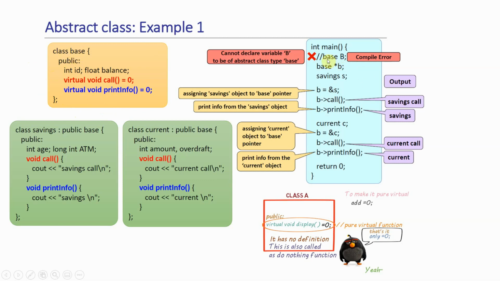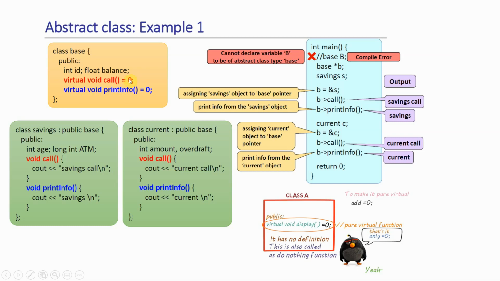So if you try to say base B, that's going to give you an error, because it says that this is an abstract class. You cannot declare objects of class B, which is an abstract class type. Okay. Now, one other thing that you have to be careful about: any pure virtual function that has been declared in the base class has to be redefined in the derived classes, right?